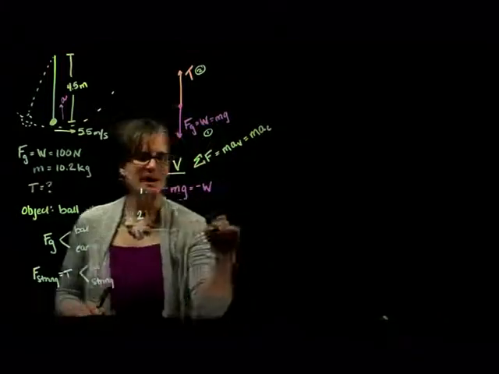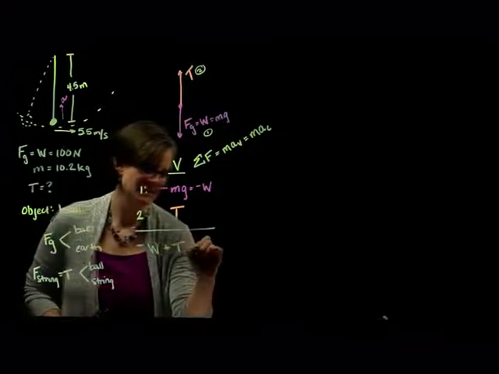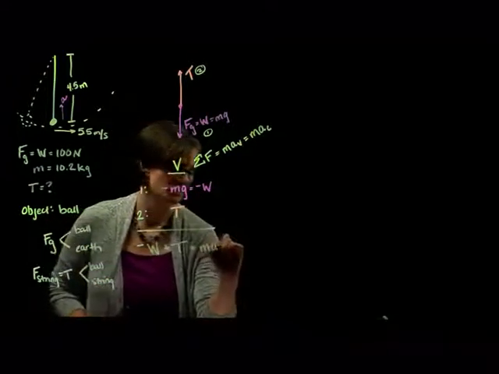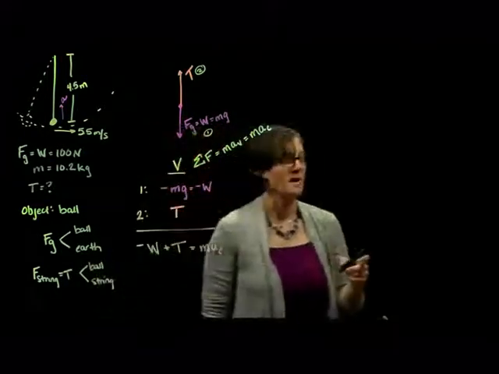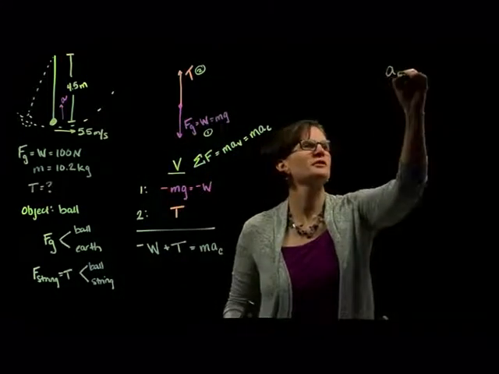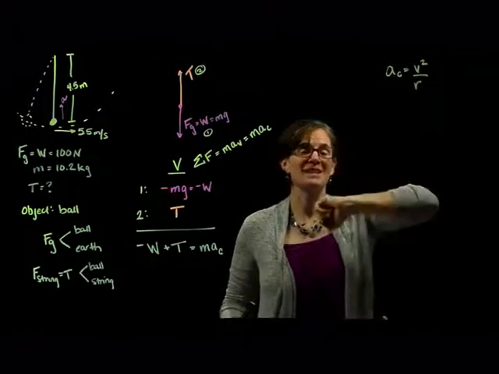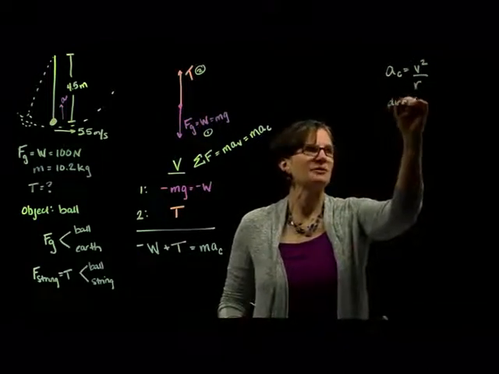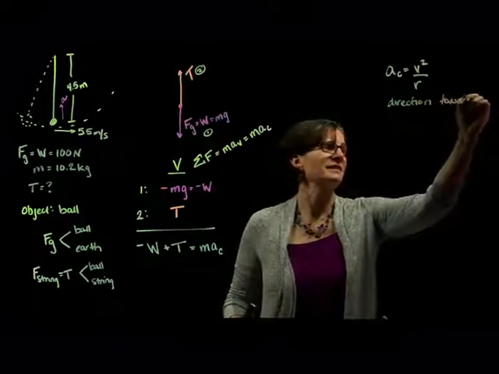So we're going to sum these forces. Minus W plus T is equal to our mass times our centripetal acceleration. And we want to remind ourselves that the magnitude of the centripetal acceleration is the speed squared over the radius. And the direction, which we have to be explicit about, is towards the center.